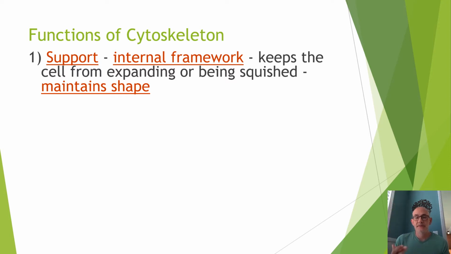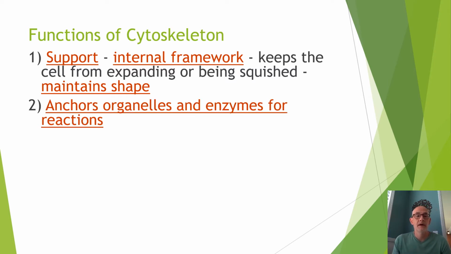So they have these specific shapes, and they are given that specific shape because of the cytoskeleton. It is the framework. It's like the internal support of a house that gives it its shape. That is the cytoskeleton. Cytoskeleton also holds organelles in place. They don't always just free float, and that helps give some order and structure inside of the cell.